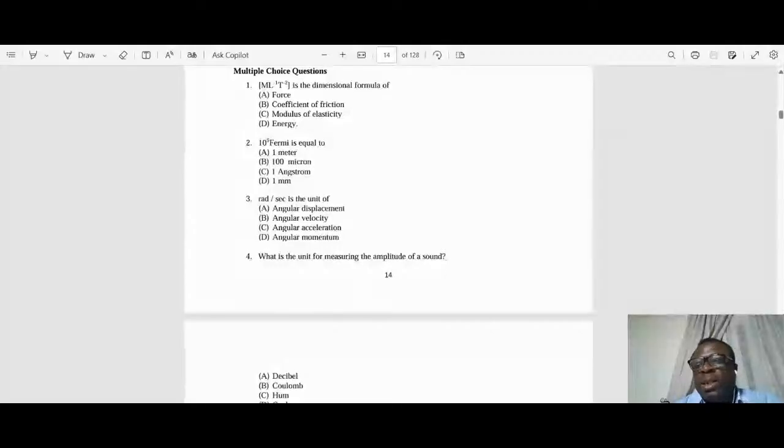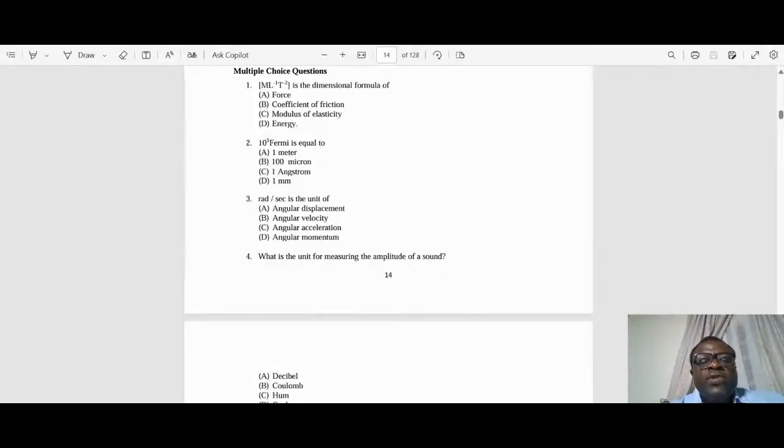Are you getting it? We've derived the unit of elasticity as newtons per meter square.